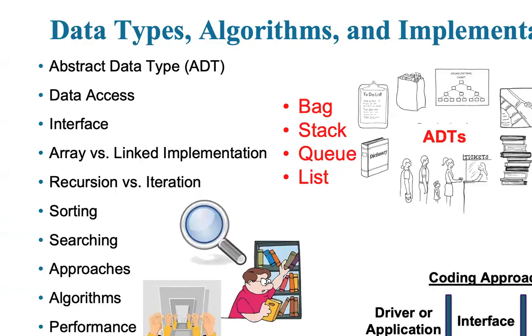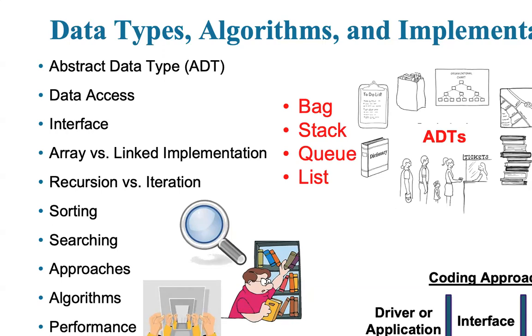We have 7 different abstract data types that we're going to be viewing as we go through the course. In terms of what we've covered in the lecture, we've covered bag, and we talked about 2 different possible implementations. Anybody remember what those were? We covered them in lecture.